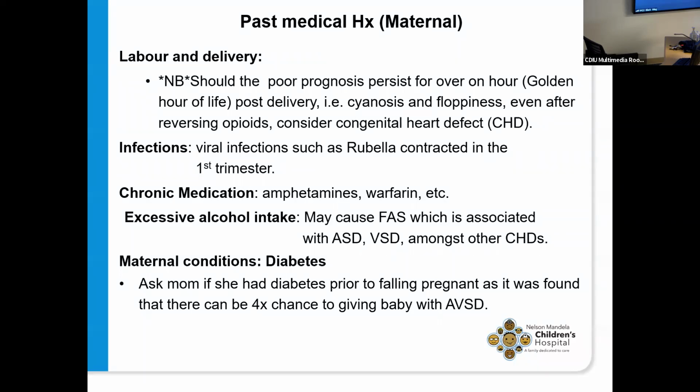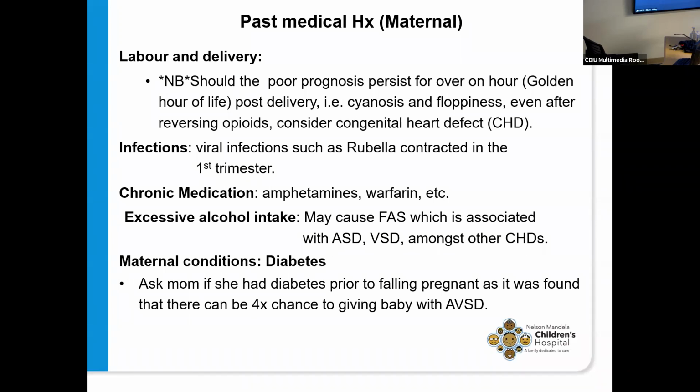And then also infections. Viral infections contracted during the first trimester, such as rubella, can cause AVSD, as can chronic medication that the mom was on, like phenytoin and warfarin. Excessive alcohol intake, which may cause fetal alcohol syndrome, is associated with AVSDs, amongst other CHDs.